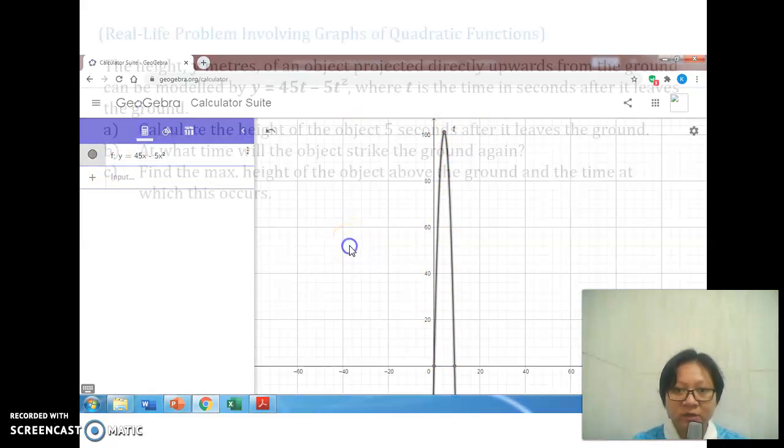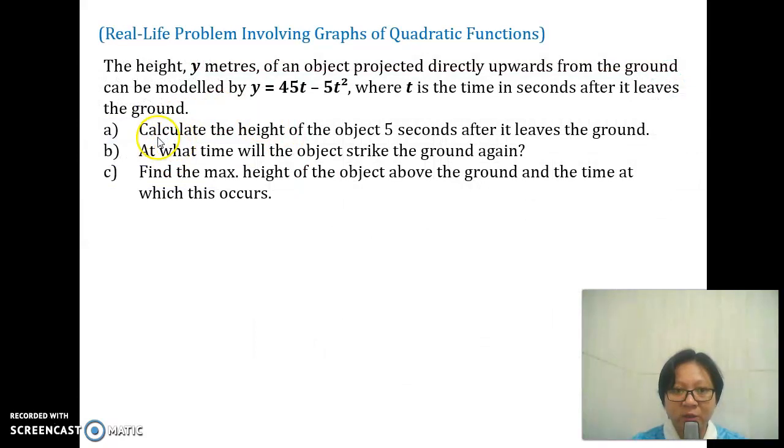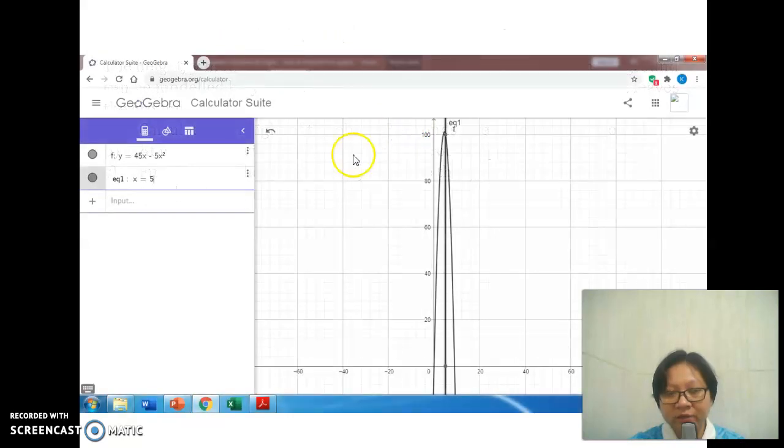Okay, and after that, let's take a look at the question. Calculate the height of the object 5 seconds after it leaves the ground. It means the time, t equals 5, which means x equals 5. Type x equals 5 and then enter. GeoGebra will automatically generate the label EQ1, the vertical line.